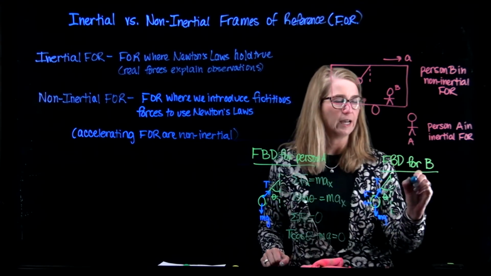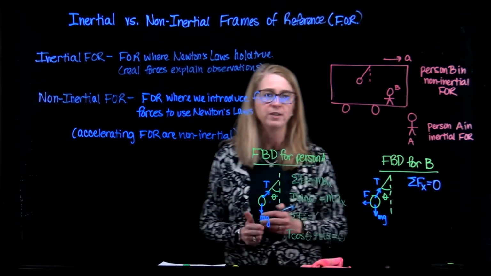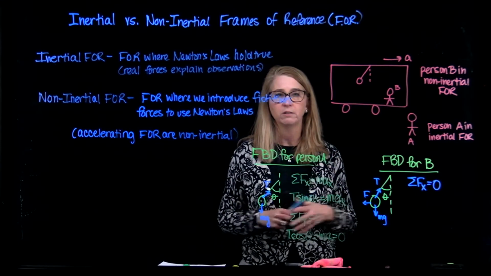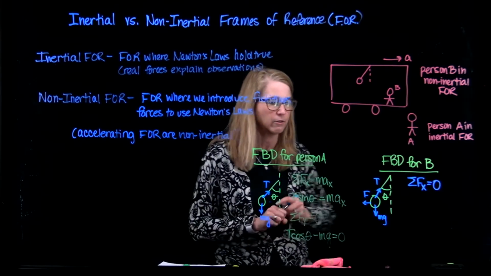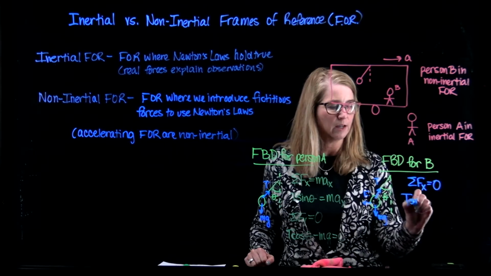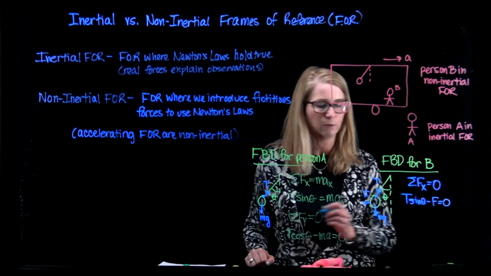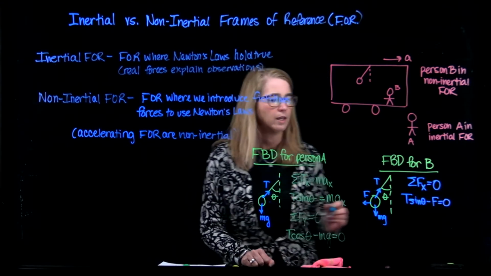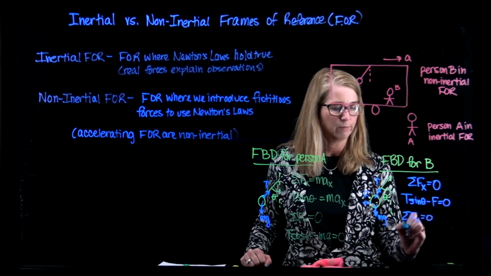And if we look at the forces in the x direction, for this guy, he's saying they add up to 0 because I'm not accelerating. I have no reason to believe I'm accelerating, and so I have T sine theta minus F is equal to 0. And in the y direction, he doesn't see anything different from person A.